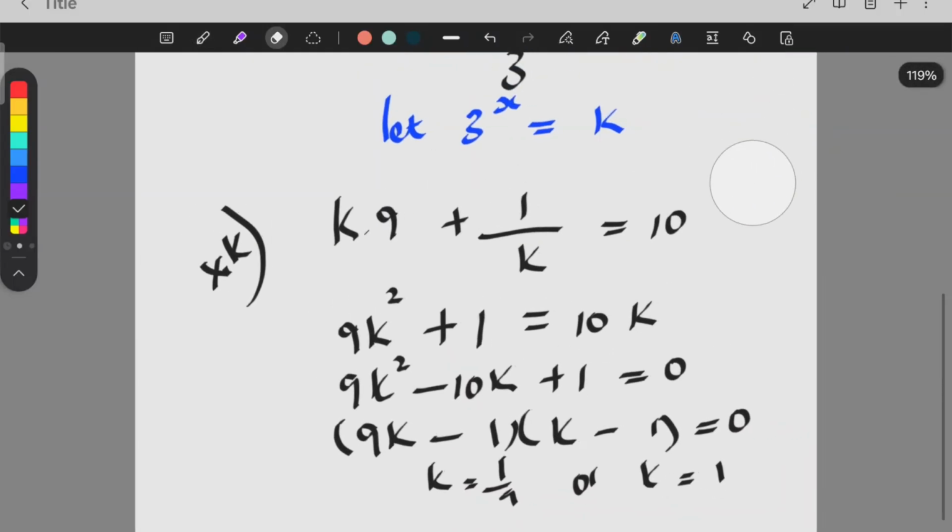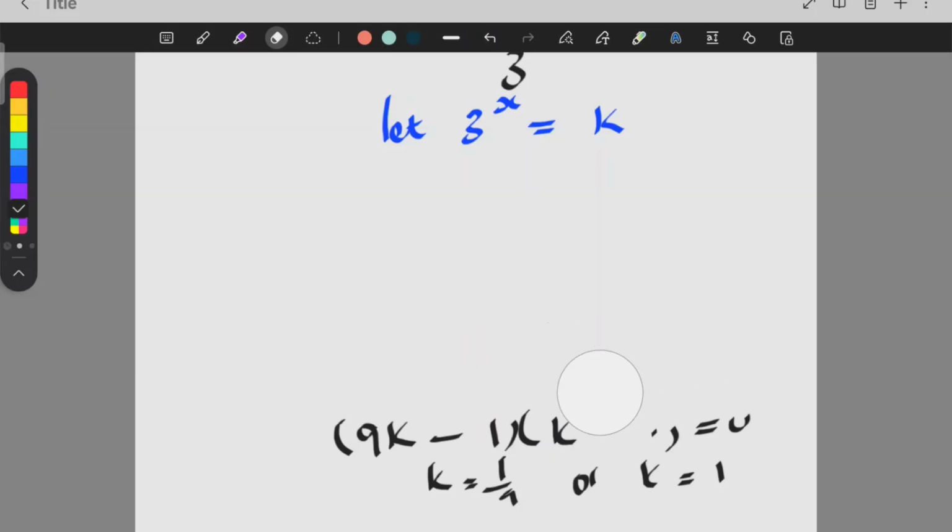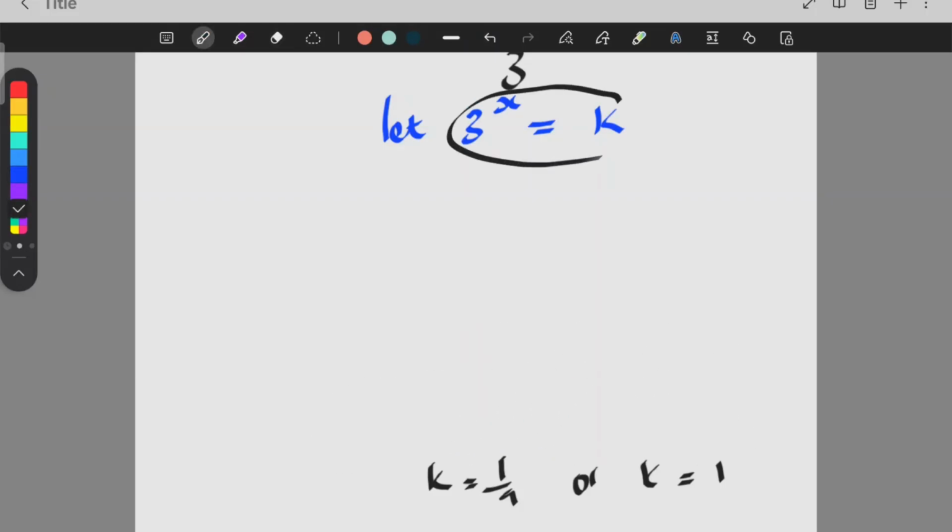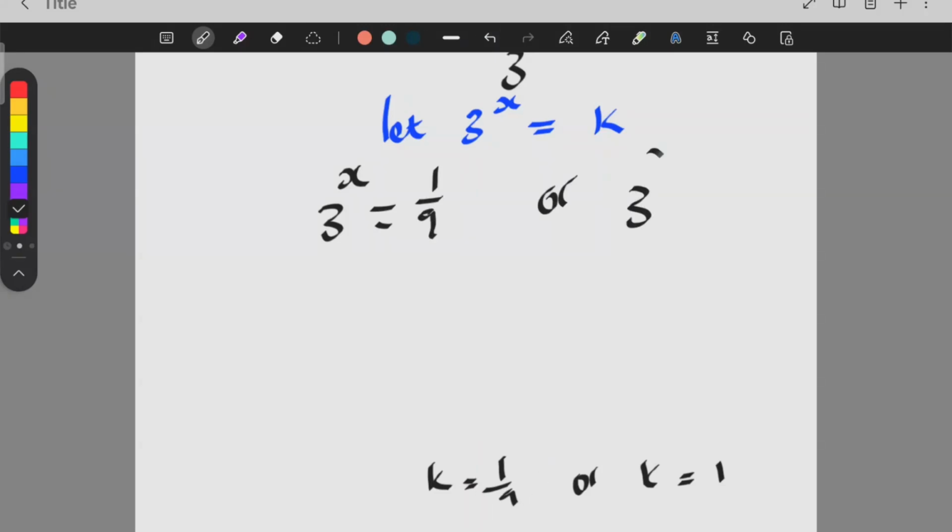So now, let me wrap this out because I don't have space. Remember I said this is k. So now I can say either 3 to the x is equal to this answer, 1 over 9, or 3 to the x, which is k, is equal to 1. So now I'm going to solve for x.